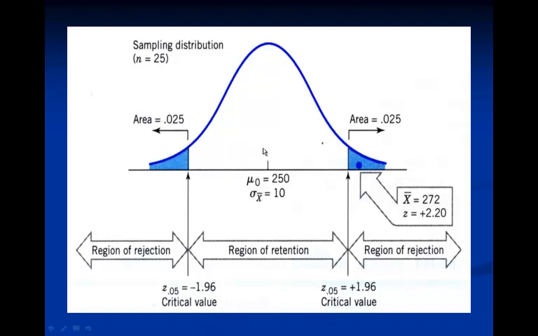This white region is the region of retention, the region where we cannot reject and have to retain the null hypothesis. The rejection regions in blue are the areas where we reject the null hypothesis and declare a statistically significant effect in this case. And we see that our particular z-score is in the rejection region two-tailed, because it is above, with a score of 2.2, is above plus 1.96.